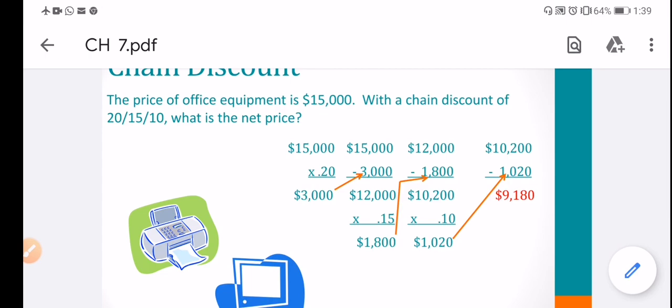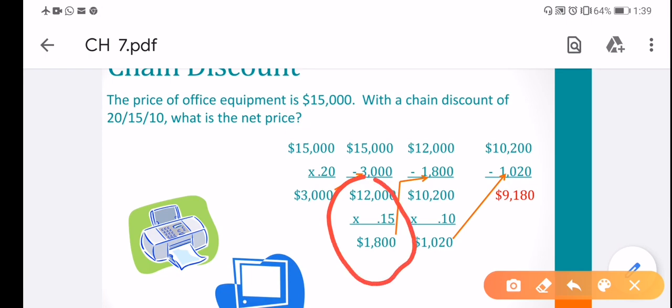After that, the company gave us a 15% discount. So we take the latest price, which is 12,000, multiplied by the 15%. We will get 1,800. What is this 1,800? It is the discount that the company gave me now by this 15%.